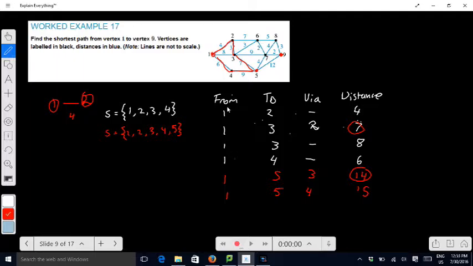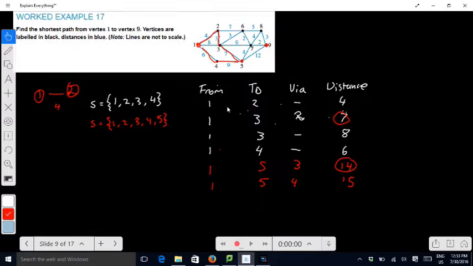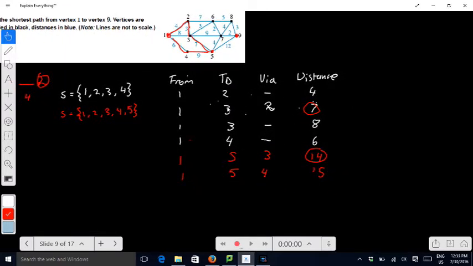So the next one in line is vertex 6. For vertex 6, I can go from 1 to 6 by number 2. So 1 to 2 to 6, 4, 7 is 11.